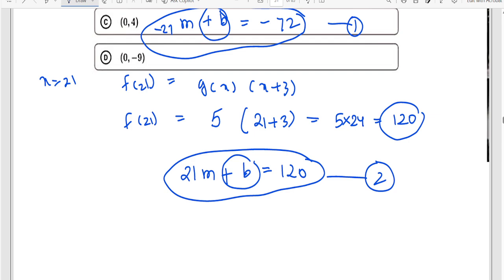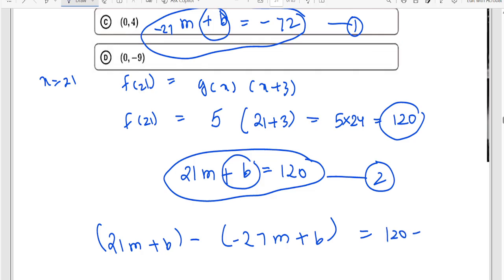So if I subtract them, this will become 27 minus 21, or let's say I'm going to do it so that this becomes positive. Let me write it, 21m plus b. I'm going to subtract this. On this side I have 120 minus this.